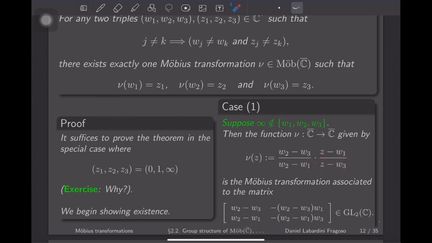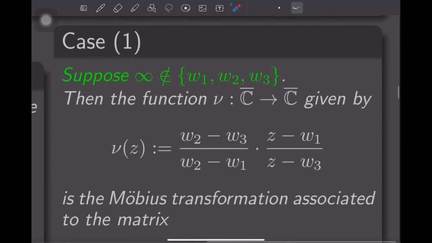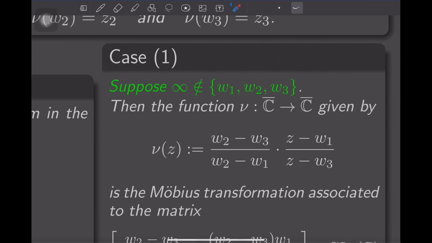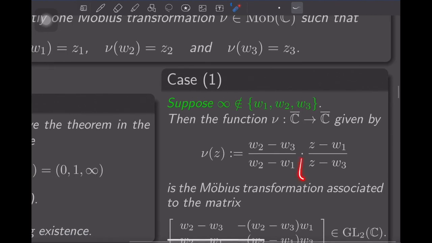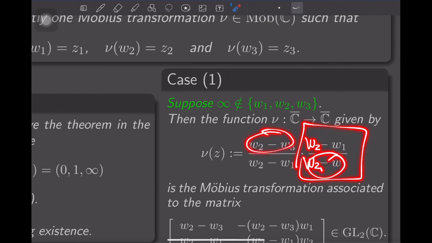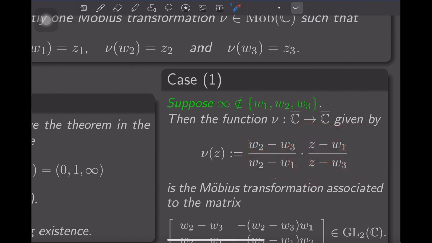And then I realize I need something more, because when I plug in W2, I do not necessarily obtain 1. How do I obtain 1? Well, put this here and put this here.